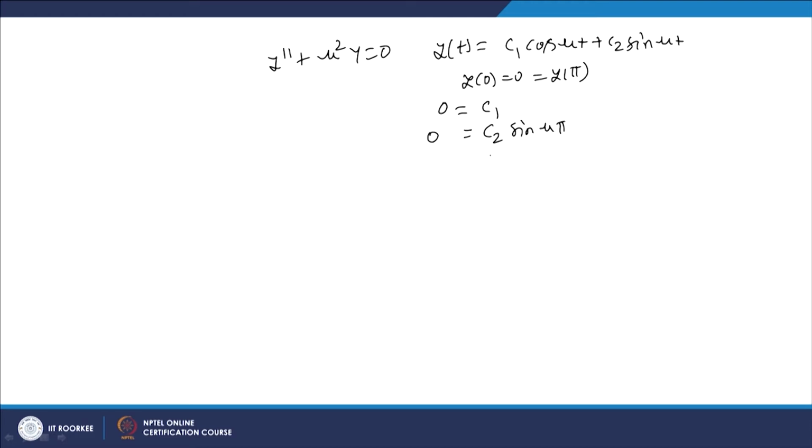Now we already know that if c2 is 0, then we have only a trivial solution, which is not useful to us. So let us find out the values of mu such that c2 sin mu pi has to be 0. So we say that if mu pi is n pi, where n is 0, 1, 2, 3 and so on, then we simply say that we have a non-trivial solution. In that case we can choose any value of c2.